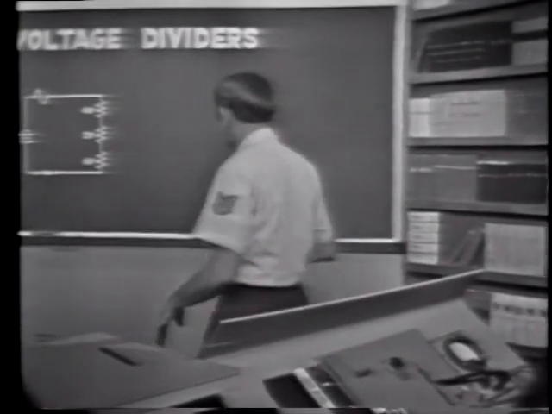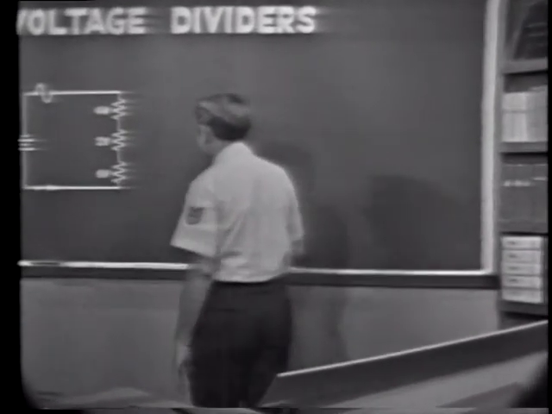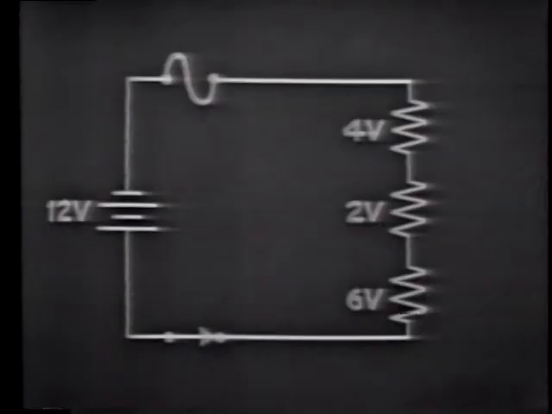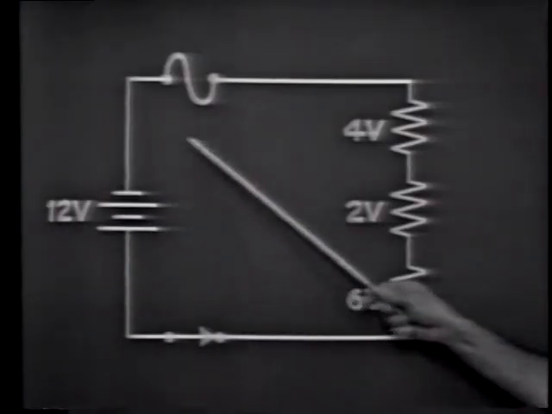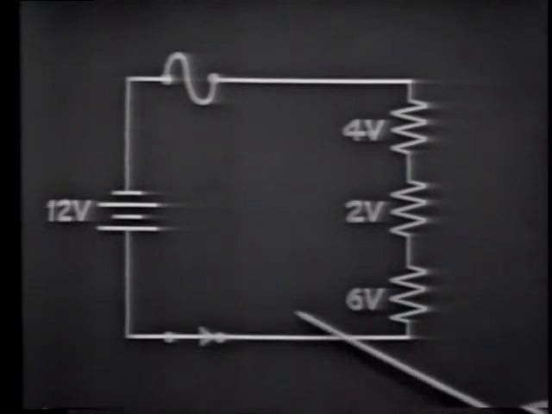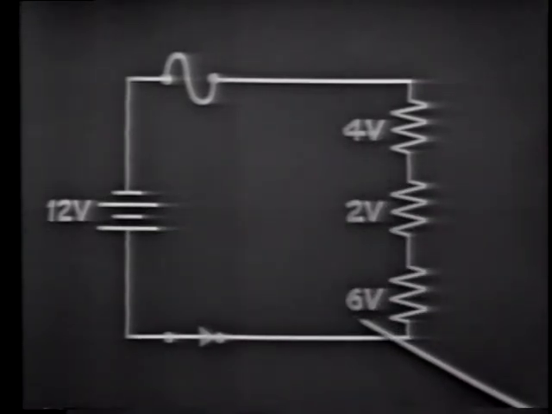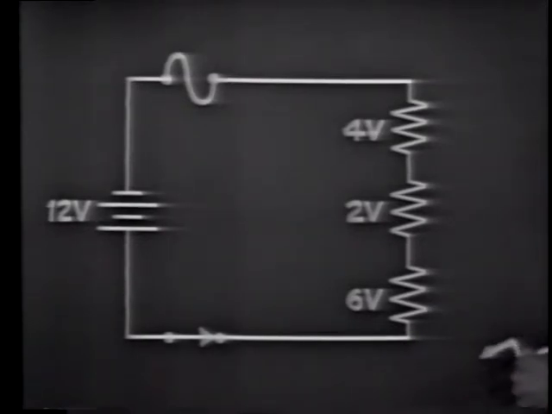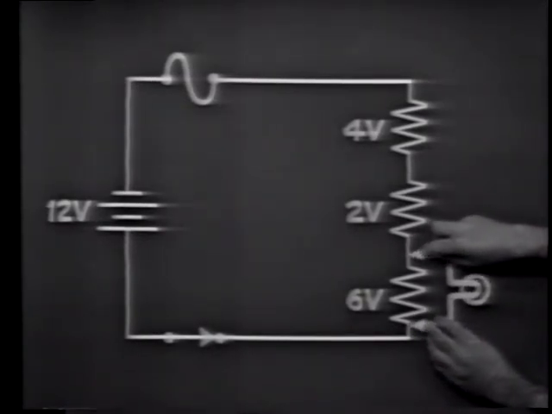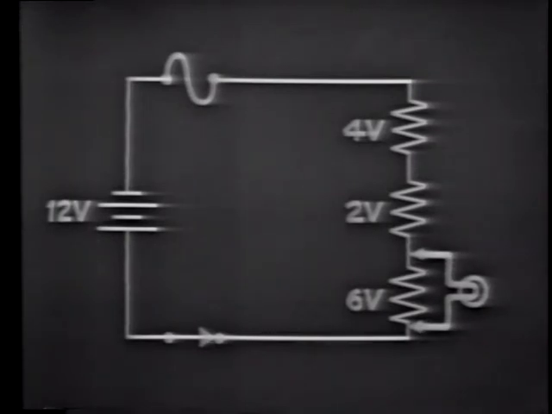Okay, let's go over some of the things that we should remember about the loaded voltage divider. Remember, a voltage divider is basically a series circuit that divides the applied voltage into several smaller increments. Remember, though, when the circuit is loaded, all of the voltages in the divider change.